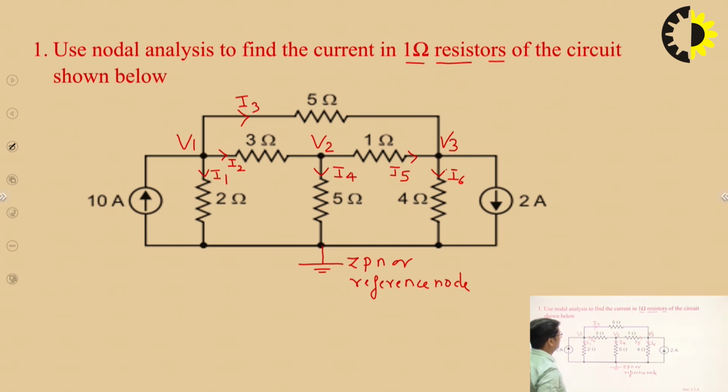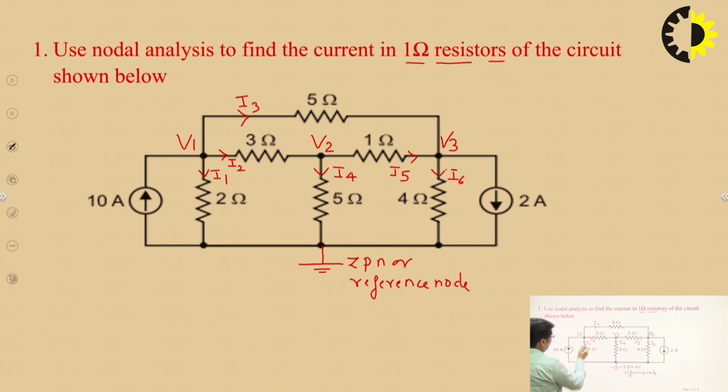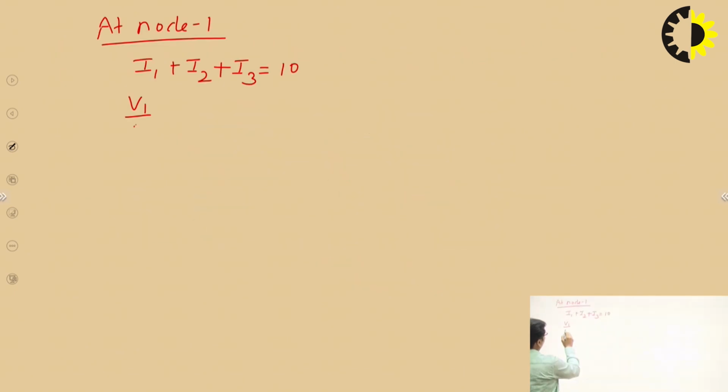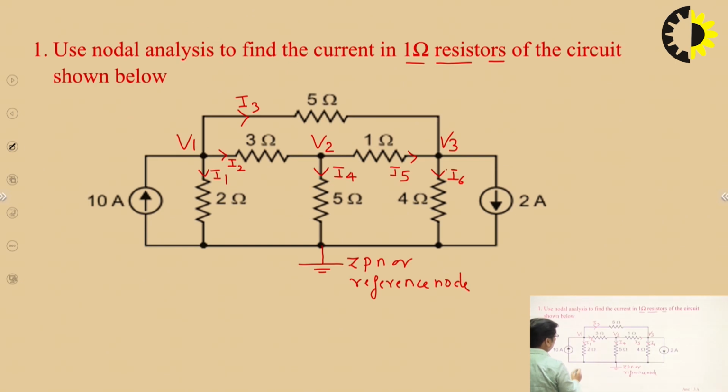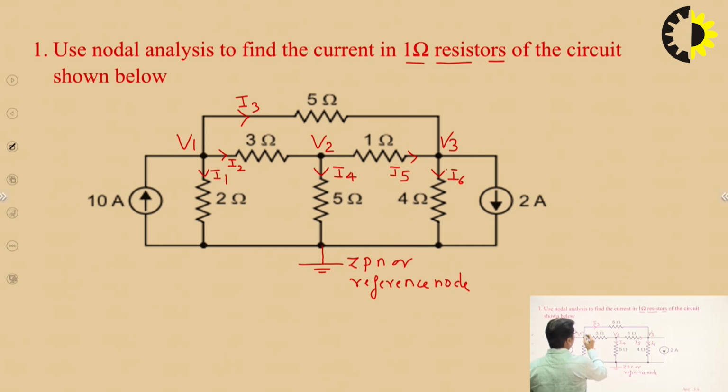Now I1 is given by V1 divided by the resistance, that is 2 ohm, plus I2, the current in this branch, which is the potential difference between nodes 1 and 2 divided by the resistance, that is V1 minus V2 upon 3, plus I3, which is between node 1 and node 3.